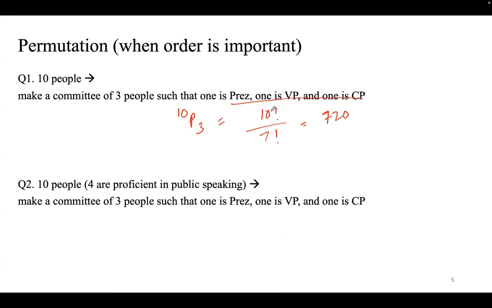So it's 10 factorial divided by (n minus r) factorial, so 7 factorial. Basically it's 10 into 9 into 8, so that's 72 into 10, 720.